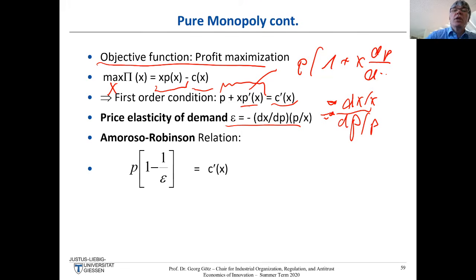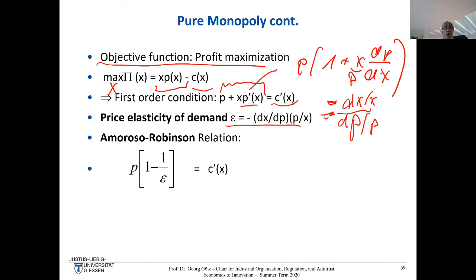Somehow you see immediately how you can come up with the so-called Amoroso-Robinson relation. This will be helpful to derive, for instance, the optimal price.